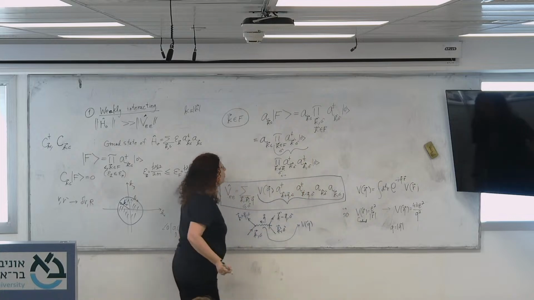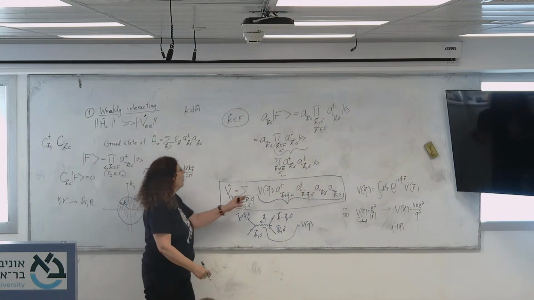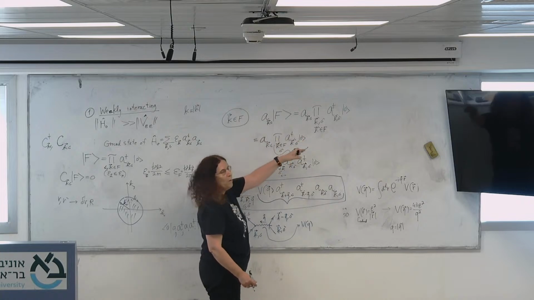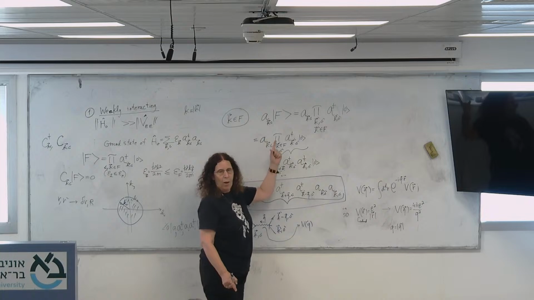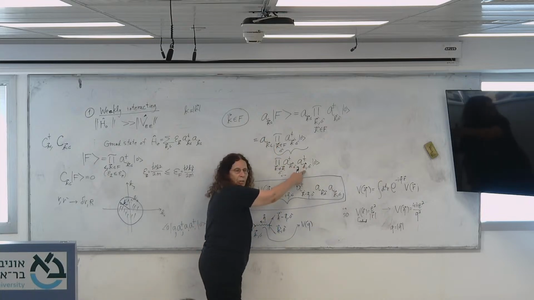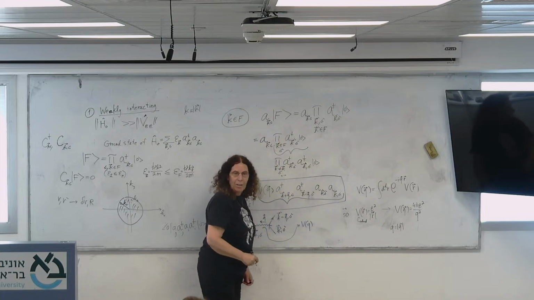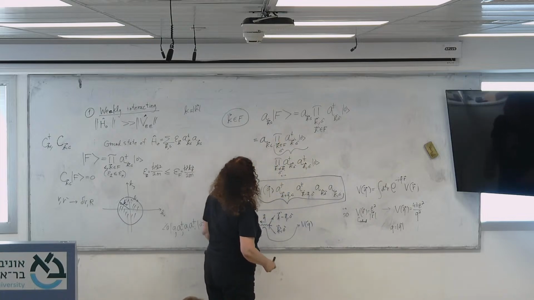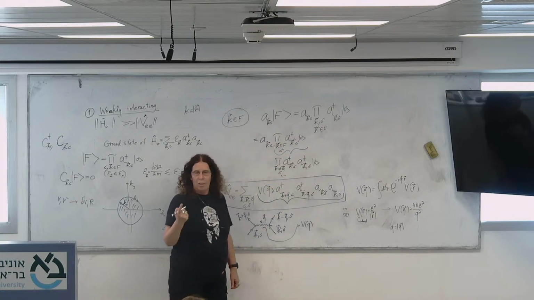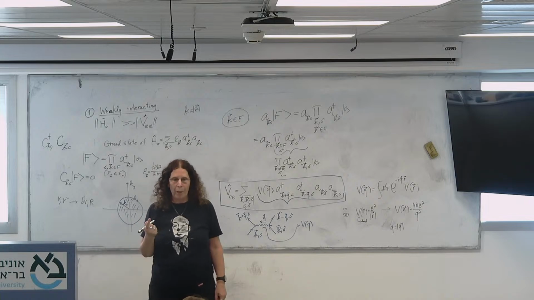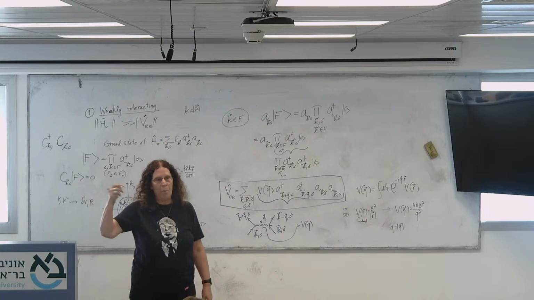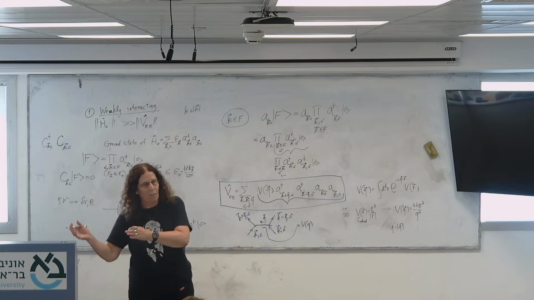So somewhere in this product, I have k primes that are different from k, and only one of them is equal to k, but it's not necessarily here on the right. It can be somewhere in the middle. So when I'm going from this form to this form, what happens? I pick up a minus sign to the power of how many permutations I needed to bring it to the right.